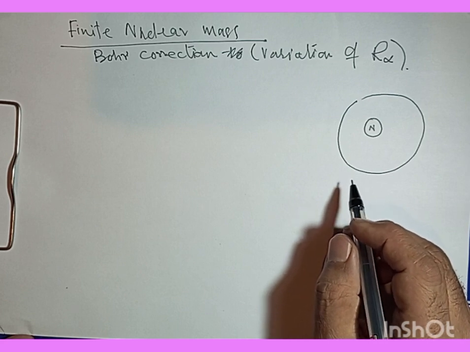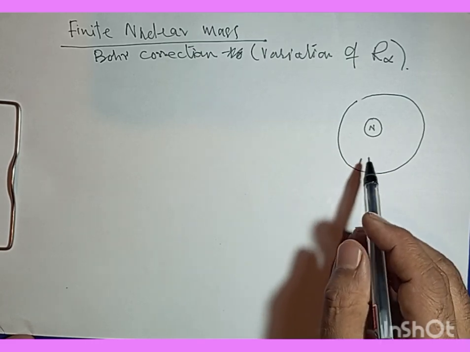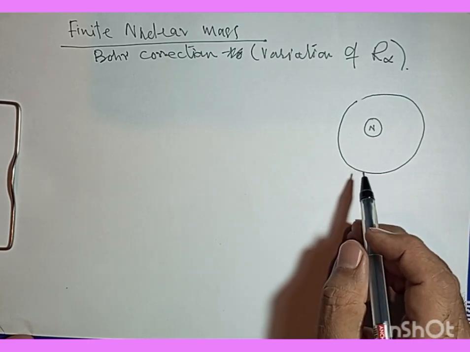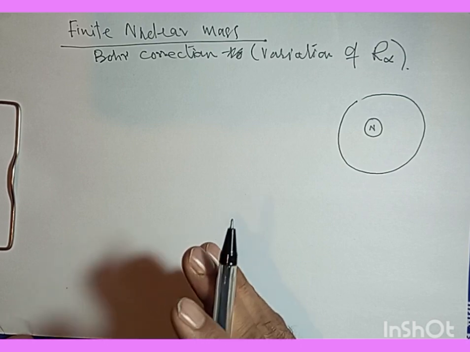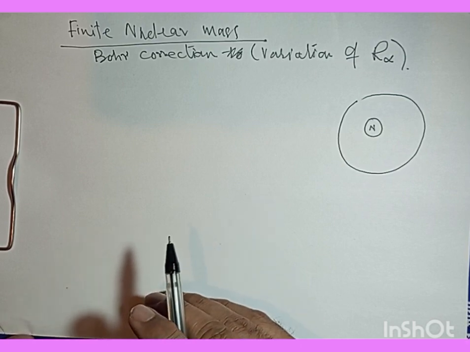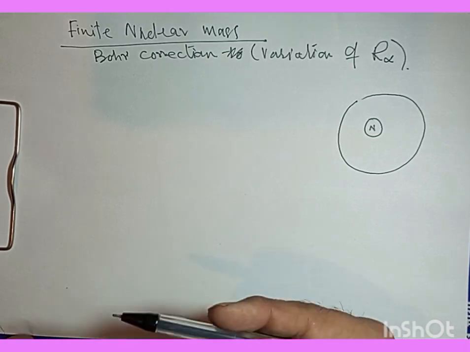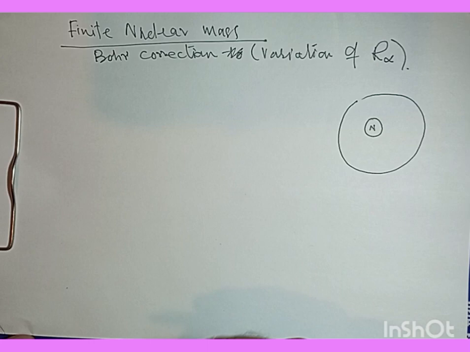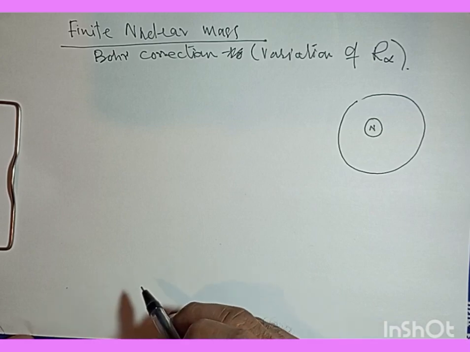In the real world, we have finite nuclear masses, and it was Bohr himself who corrected the term of mass that's involved in the expressions that we have obtained for hydrogen atom or hydrogen-like atoms.